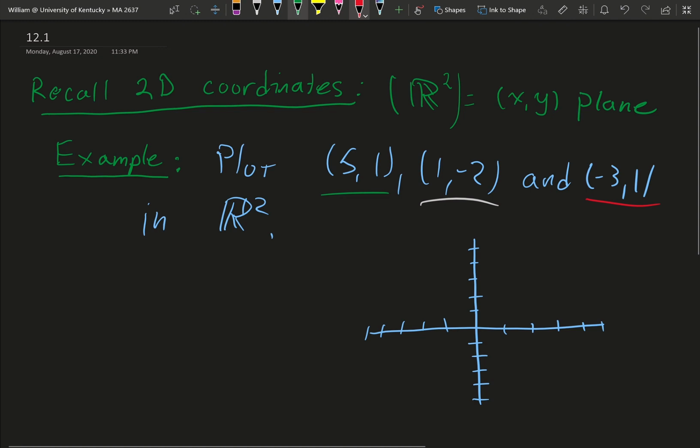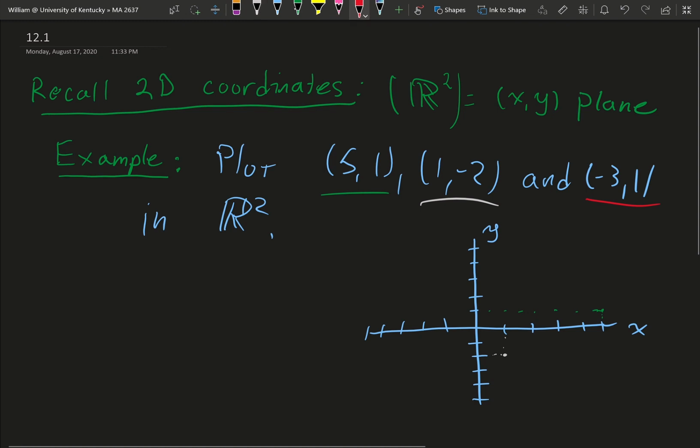So for 5, 1, which I'll do in this green, I go 5 over on the x-axis. I guess I should label my axes. And up 1. Something like this. Then 1, negative 2. Get that.